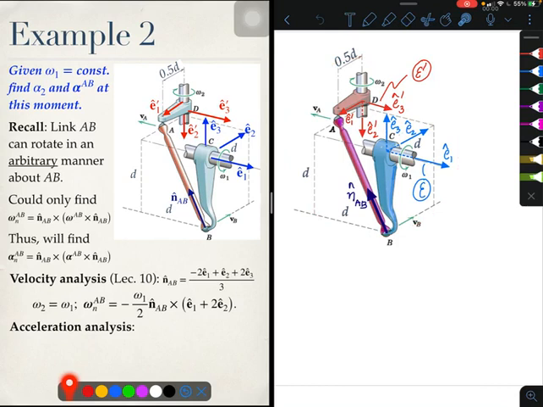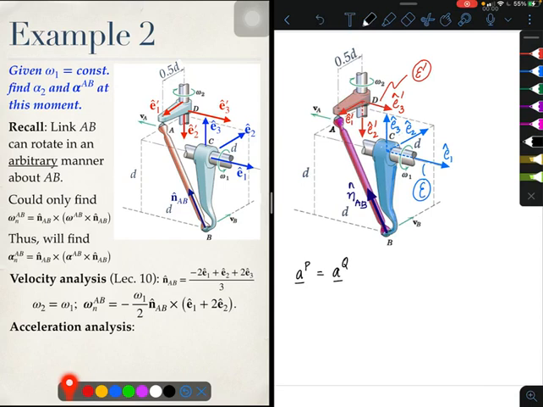And let me remind you of the various coordinate systems we are using. We are going to use fundamentally two coordinate systems. The blue coordinate system centered at C, which is attached to the link BC, and the red coordinate system, which is centered at D and which is attached to the link AD. We will be making extensive use of the formula which connects the accelerations of 2 points on the same rigid body.